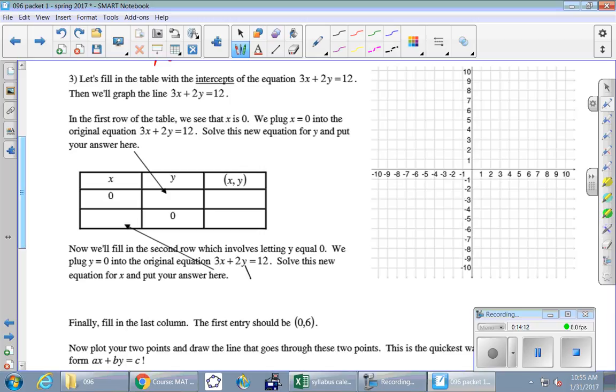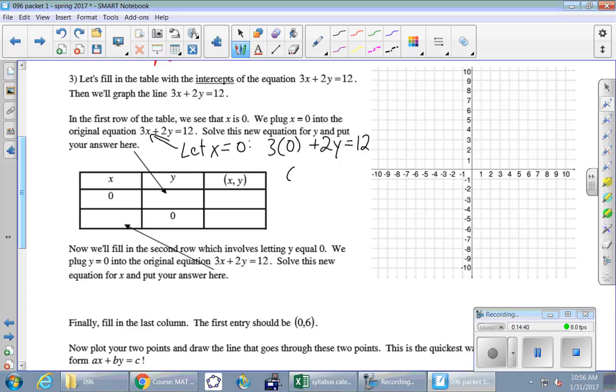We're going to let x equal 0, and we're going to write down the equation that results. So instead of 3x, we have 3 times 0, and then I'm copying everything else there. Plus 2y equals 12, right? We let x equal 0, and we will find the y.